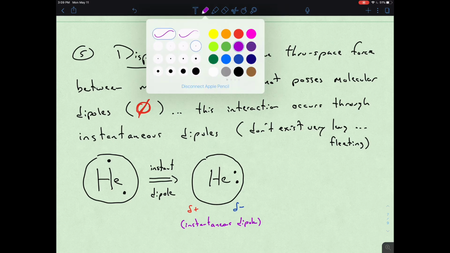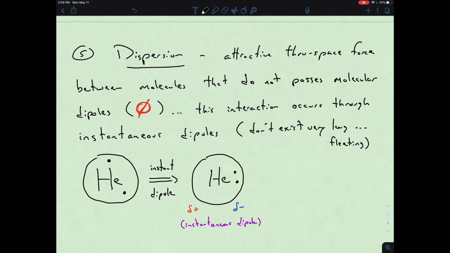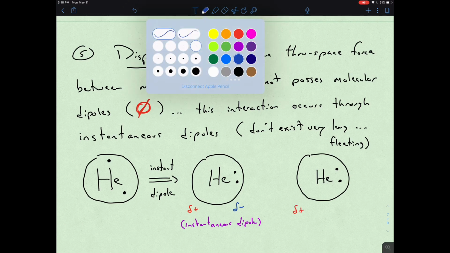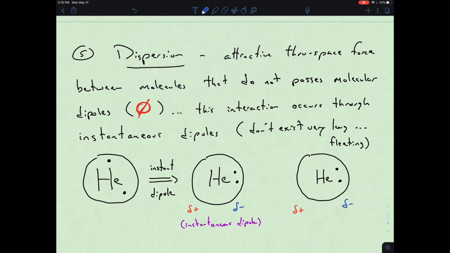And so that is what we find is interacting in terms of the dispersion force of attraction that's going to cause basically a fleeting dipole or an instantaneous dipole in another helium atom.